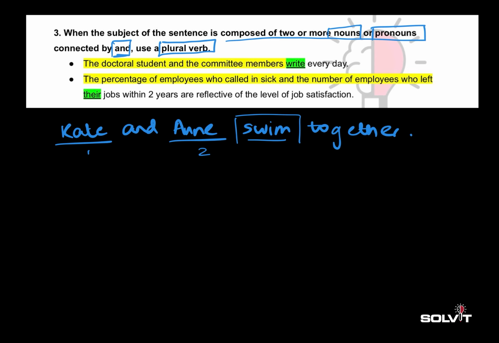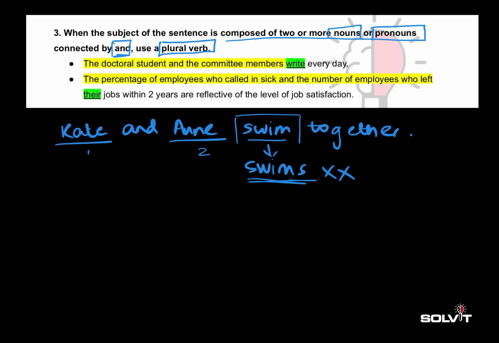Okay, so saying that "Kate and Anne swims together" will be incorrect. Okay, so for example, if the word "swims" was written over here, "Kate and Anne swims together," that is absolutely incorrect because Kate and Anne, there are two subjects in the sentence, and then using the singular form of the verb will be incorrect. Okay, so we have to use the plural form of the verb, which is "swim."